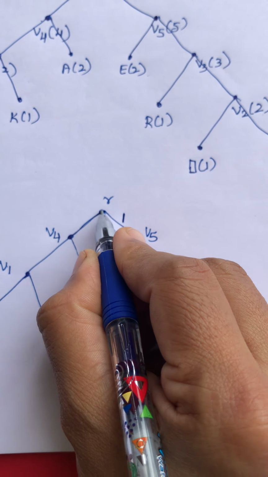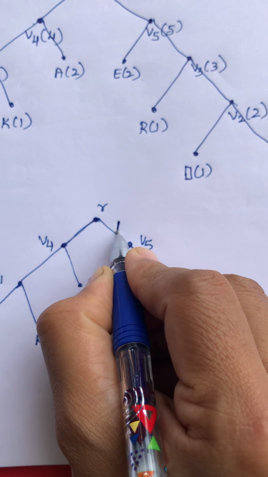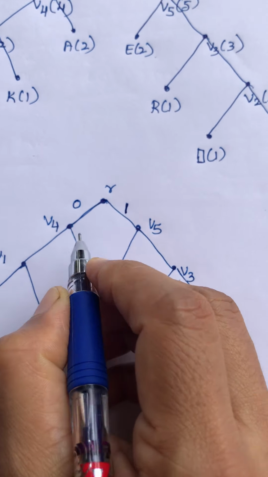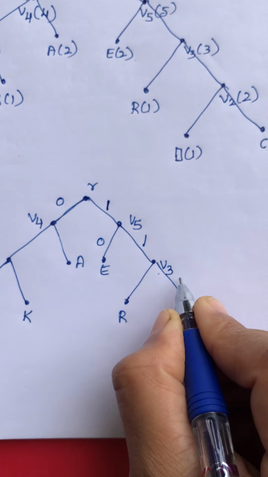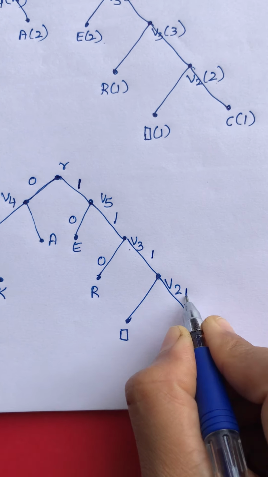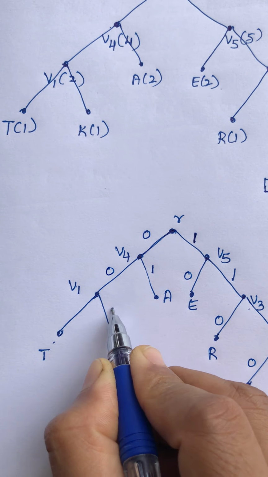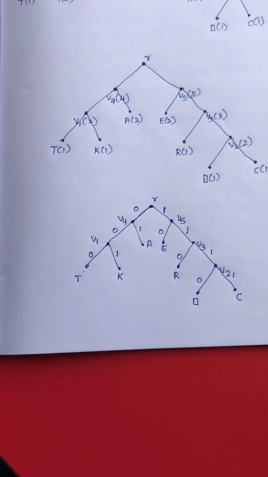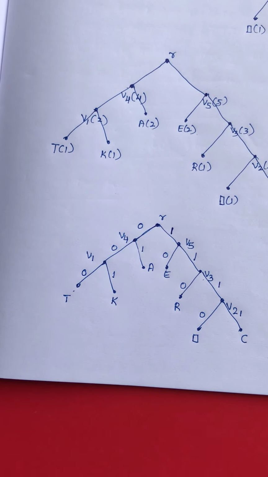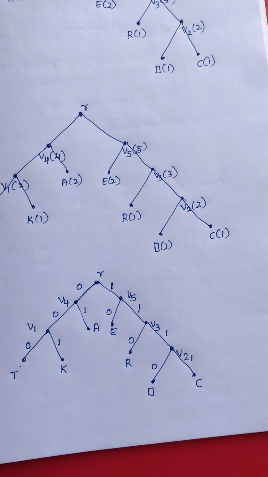Two edges are there, one to the right, one to the left. To the right one you assign 1, to the left you assign 0. Similarly 1 here, 0 here, 1 here, 0 here, and similarly 1, 0, 1, 0. Always follow this pattern: right side is 1, left side is 0.